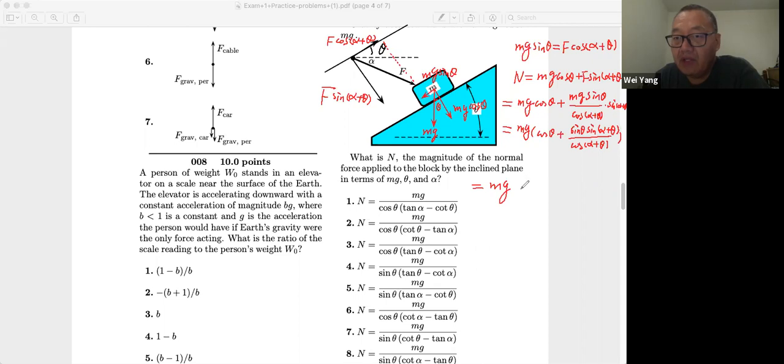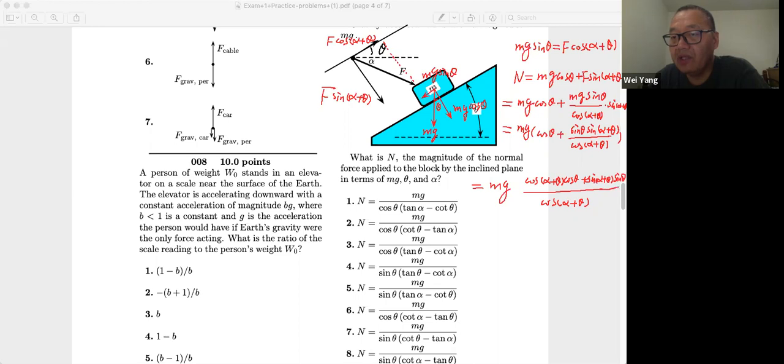I can write this one times cosine alpha plus theta, then over this one is cosine alpha plus theta, then times cosine theta, then plus sine alpha plus theta, then times sine theta.